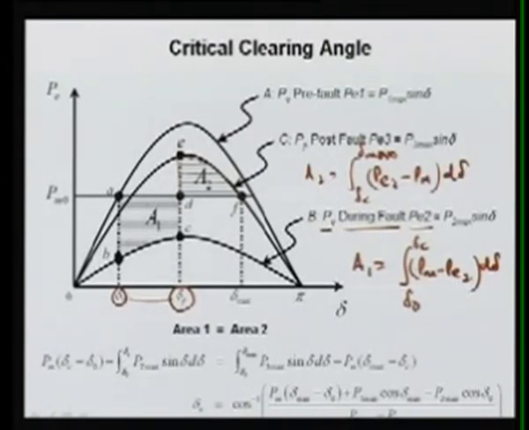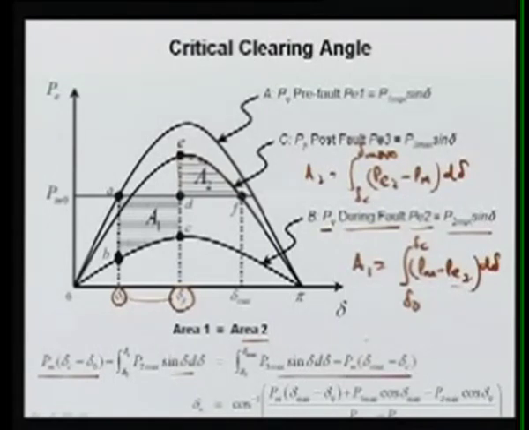If you equate these and integrate, PM is a constant, so we will get the term PM times delta C minus delta naught. Another term has a negative sign, integrating from delta naught to delta C of PE2, where PE2 is P2 max sin delta. Similarly, for area A2 we can write in this fashion.